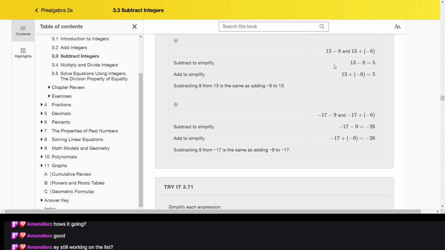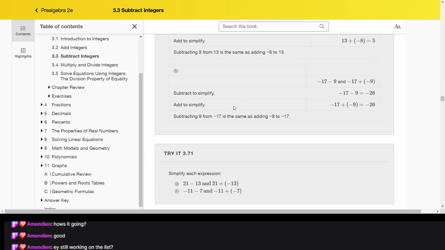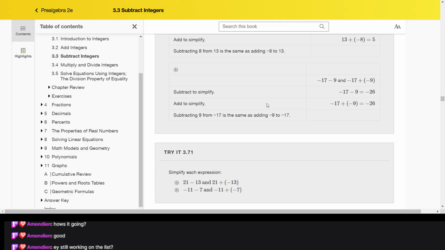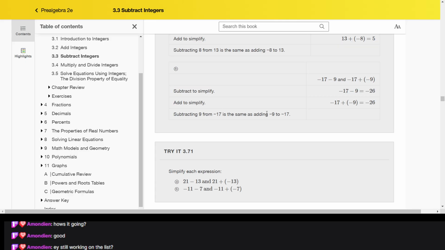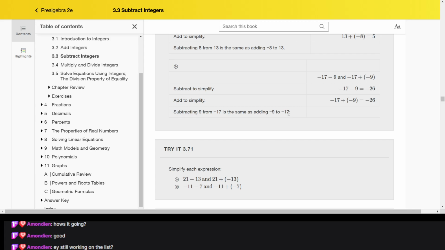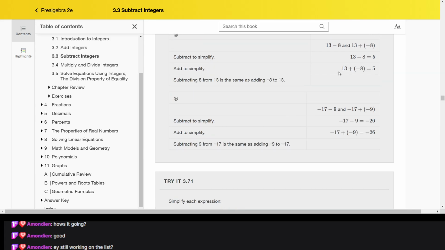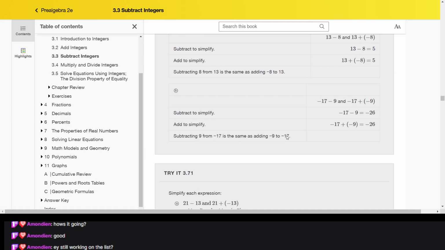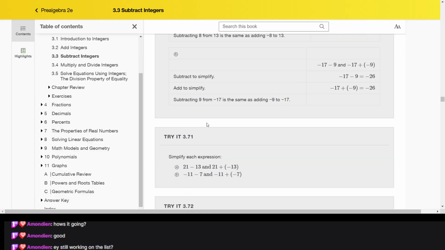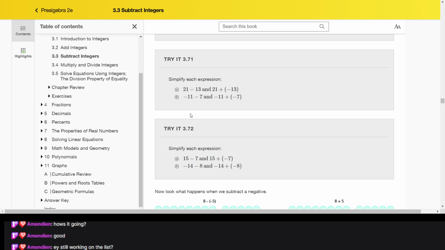Try to simplify, add to simplify. Subtracting 9 from negative 17, same sign, negative 17.